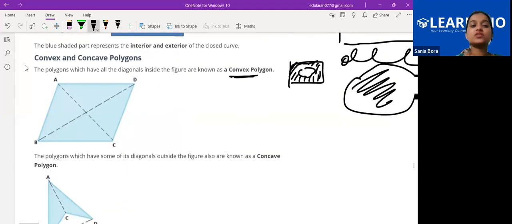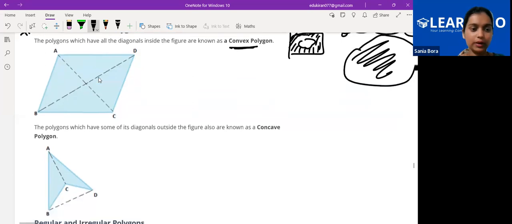Now this is very important. You have to learn concave and convex polygons. The polygon which has all the diagonals inside the figure is convex. For example, in this diagram all the diagonals are inside, there is no diagonal outside, so it is convex.